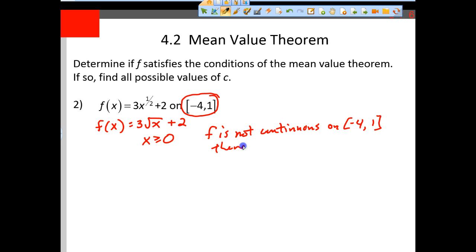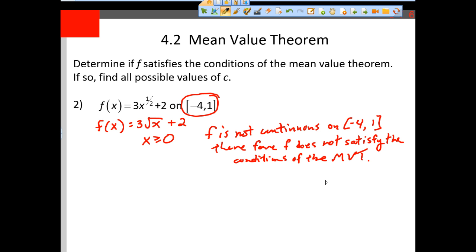Therefore, f does not satisfy the conditions of the mean value theorem.